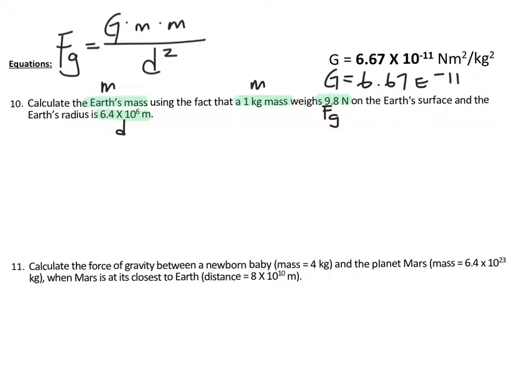Now I'm going to plug them into my equation just like it's written. So my first order of business is writing in the Fg. So Fg was 9.8.